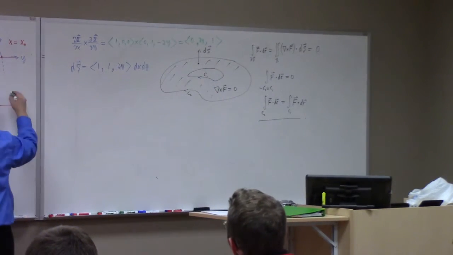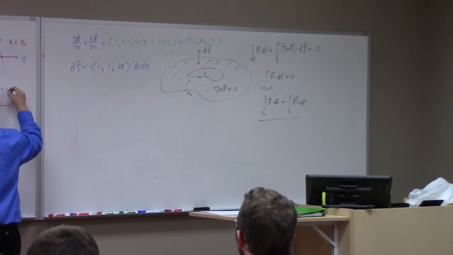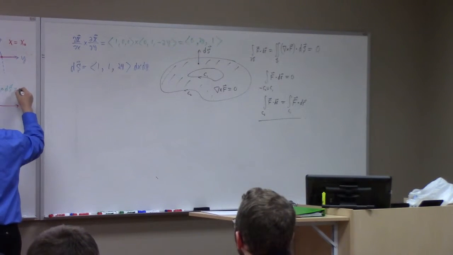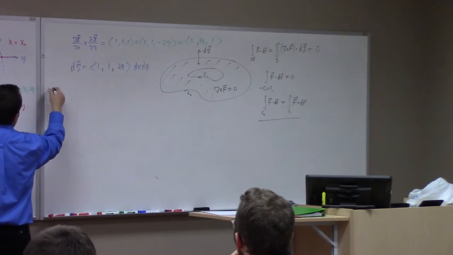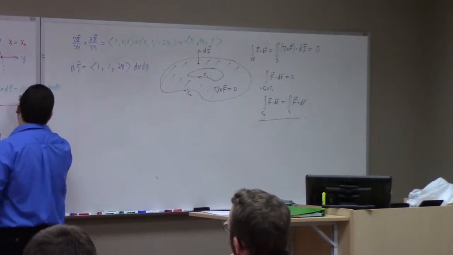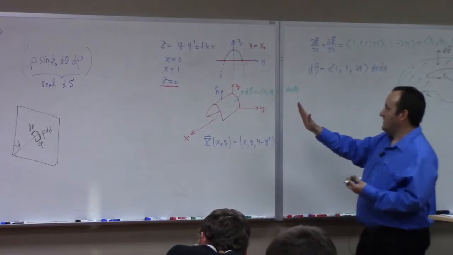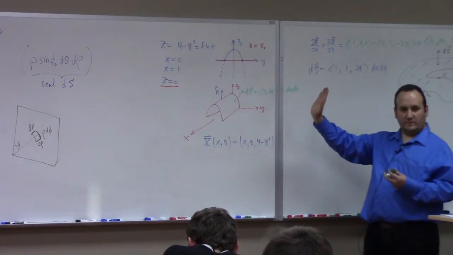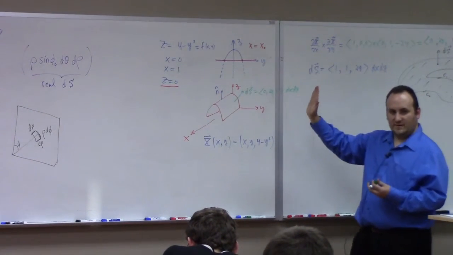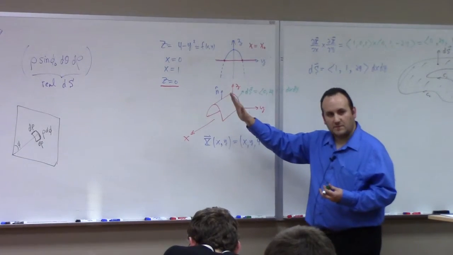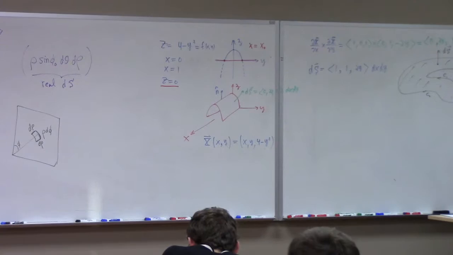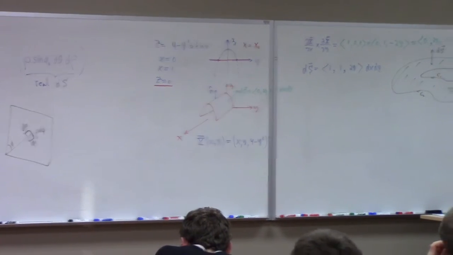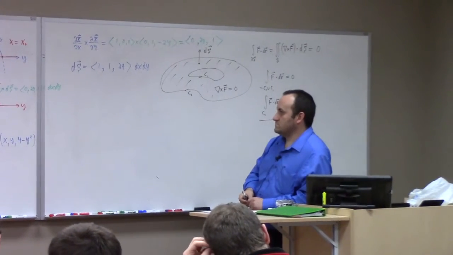The normal vector, so the ds is something like 0, 2y, 1, dx dy. Now that makes sense to me, right? The y points a little bit in the y direction when y is positive. It points in the minus y direction when y is negative. It's always pointing up, and there's no x component to it. That's better.